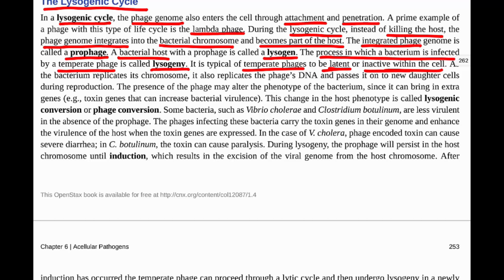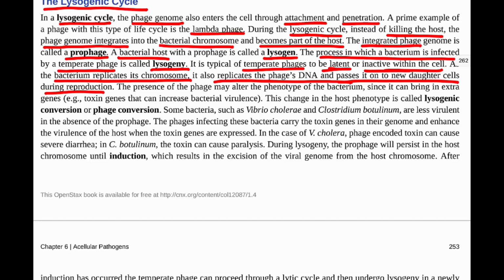In this process, the bacterium is going to replicate its chromosome, and in the process of replicating its own chromosome, it also replicates the phage's DNA. Since it's already in the chromosome, it's going to replicate that as well, and then pass it on to new daughter cells during reproduction. When the bacteria makes an exact copy of itself by binary fission, remember that's when a bacteria cell separates and makes a new bacteria cell, they're exactly the same.